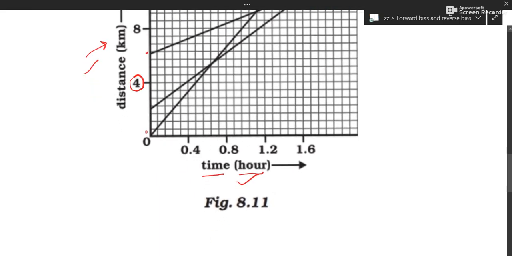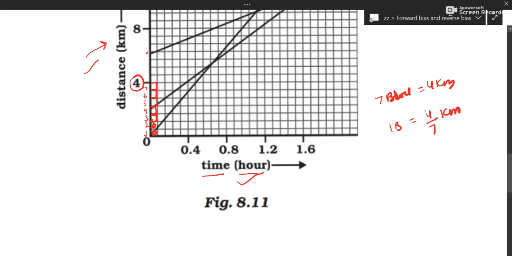Okay. So first of all we will see this, that it is 4 kilometers, right? And up to here how many blocks are there? 1, 2, 3, 4, 5, 6, 7. So 7 blocks make 4 kilometers. Right. So 1 block will make 4 by 7 kilometers.